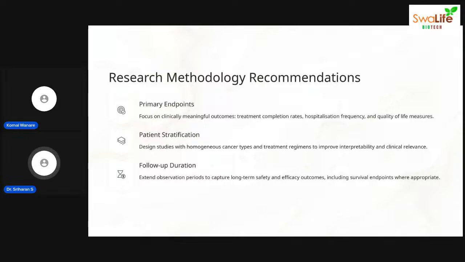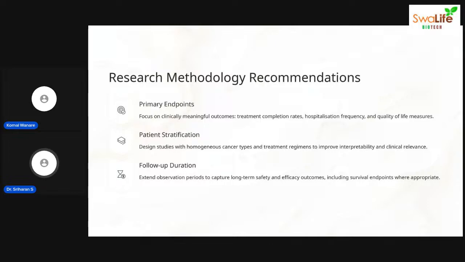Next is patient stratification. If you are studying breast cancer, you want to stratify the patients into subclasses, so we can get more detail. For example, HER2 positive and triple negative patients. There should be subclasses. In the first-phase observational study itself, we look deeply at how to stratify the patients in the research.